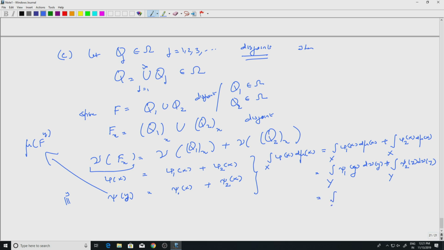So this is the integral over y of psi y d nu y, right. So this is equal to this, which is the integral equality.